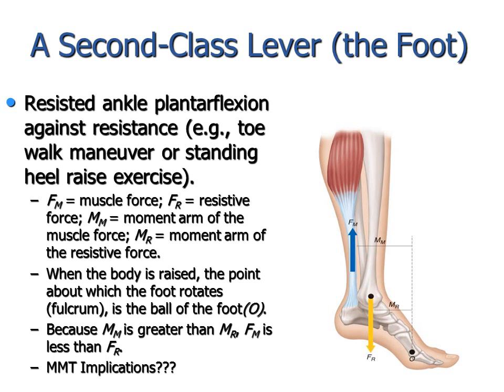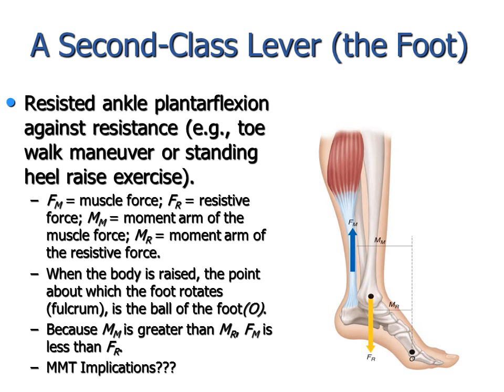In this case, the pivot point is at the metatarsal phalangeal junction. You can demonstrate this to yourself by simply rising up on your toes, and you'll notice that the point about which your foot pivots is a fulcrum at the metatarsal phalangeal joints.